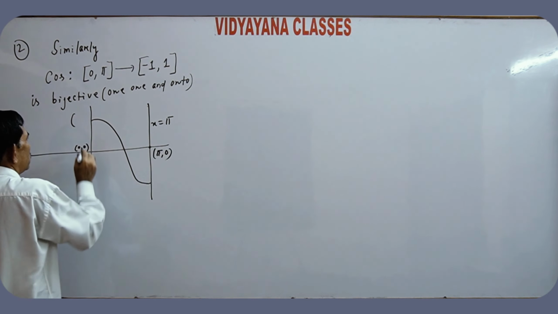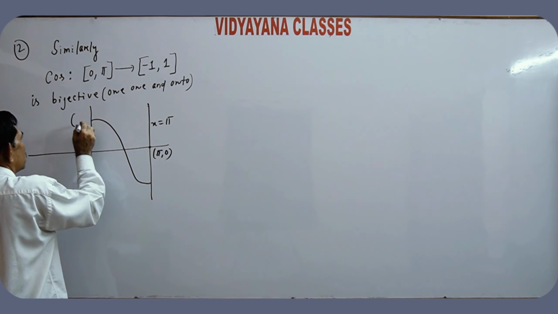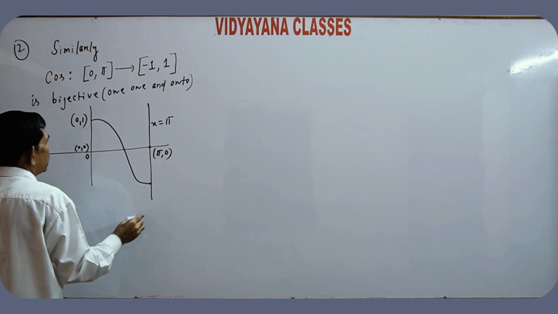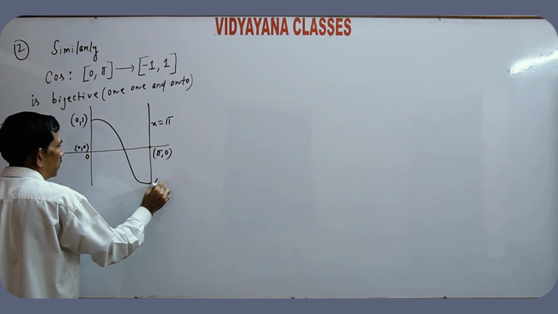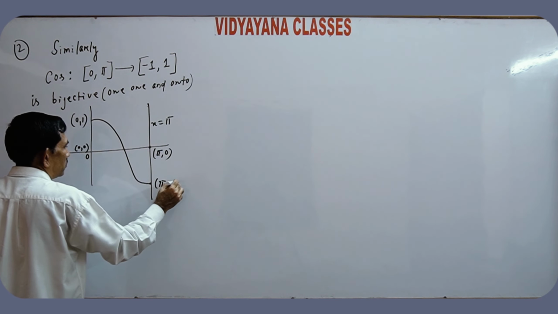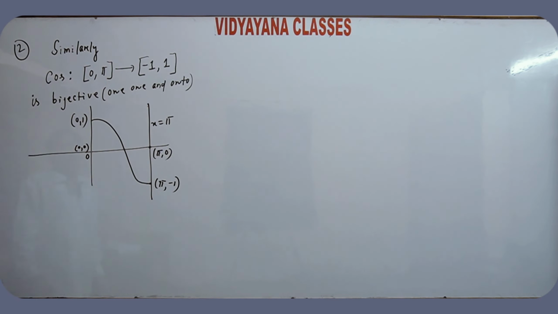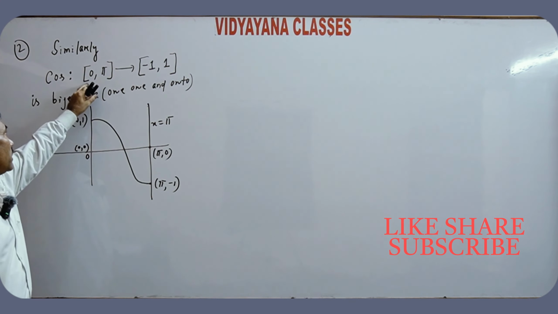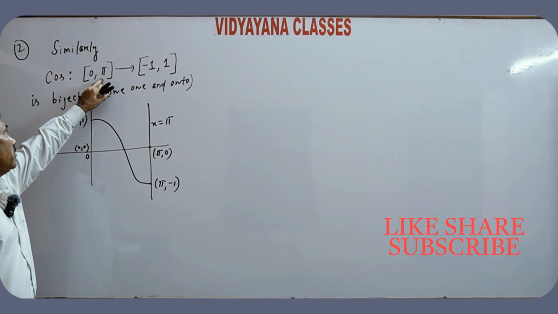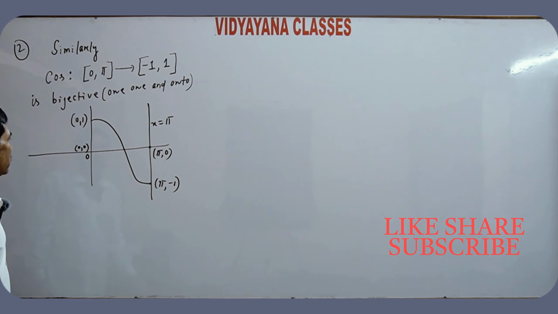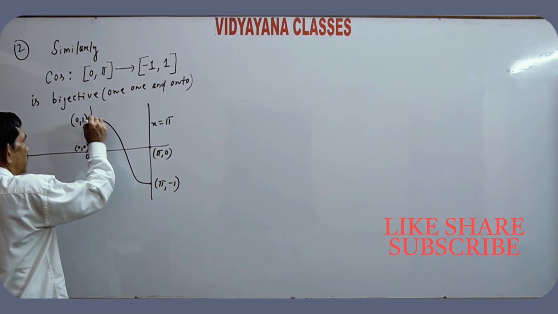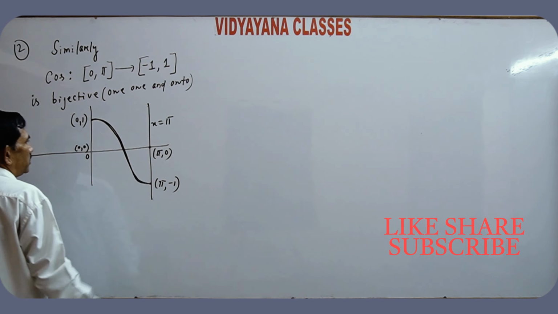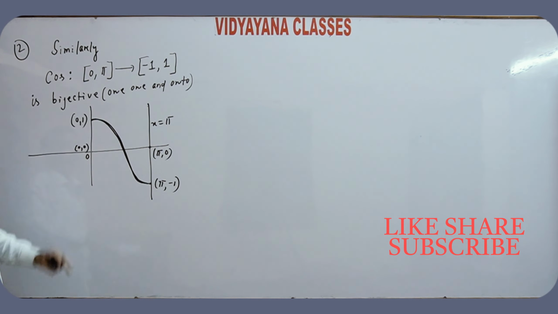This point is (0, 1), and this point is (pi, -1). It is the graph of the cos function in the interval [0, pi]. The function is decreasing in this interval.